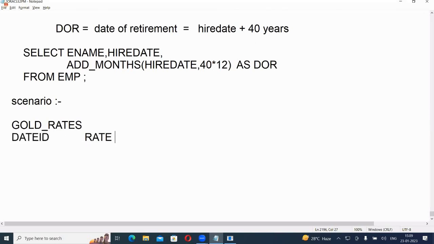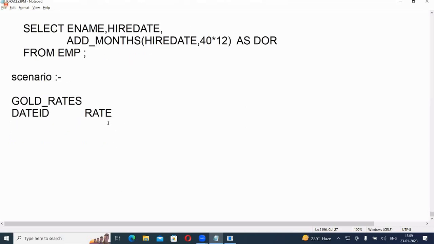One field is date ID, one field is rate. They are storing the gold rates starting from 2000 onwards. They started the business in 2000. And every day gold rate changes, so every day a new record is inserted into this table.